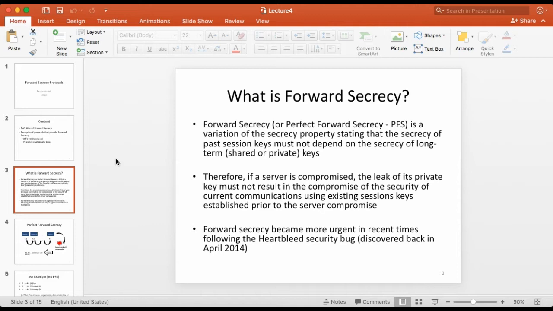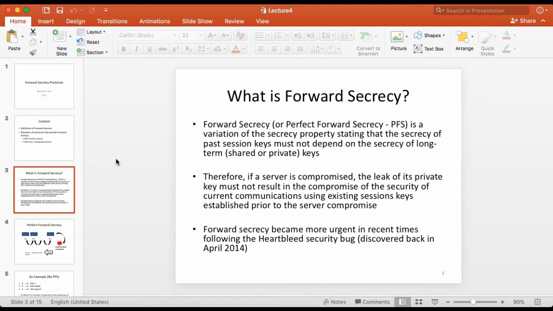Any transactions you performed with the server, any communications you performed using certain session keys, must not be compromised by the leak of the private key, in this case. The security of those communications using session keys established prior to the server compromise must still hold.